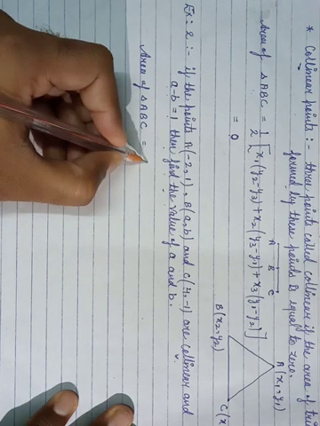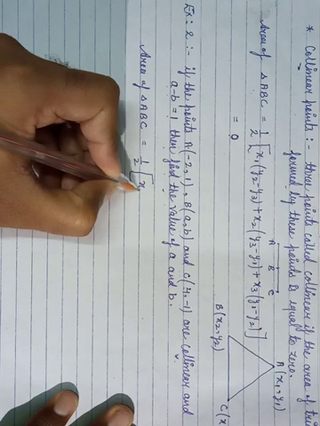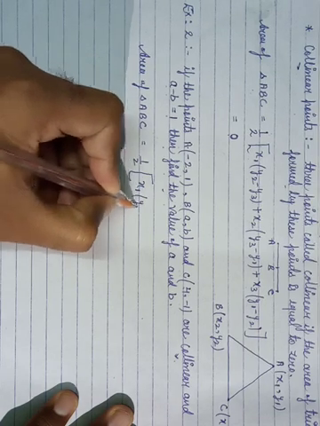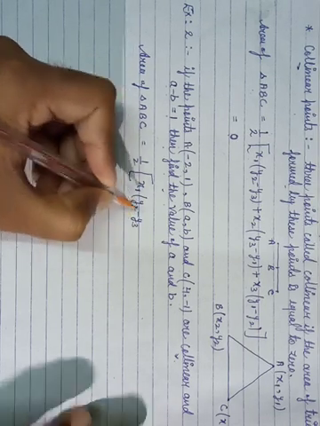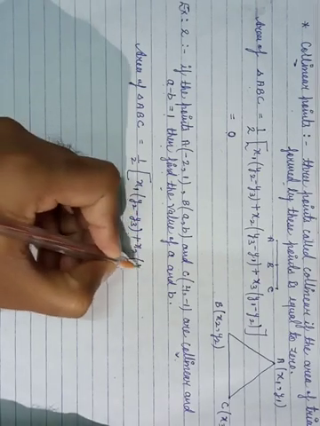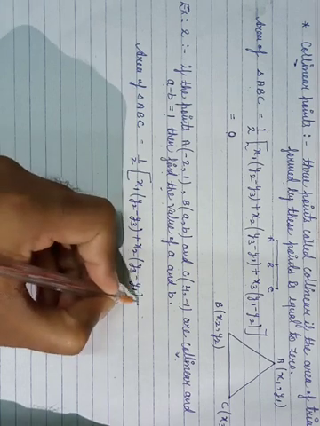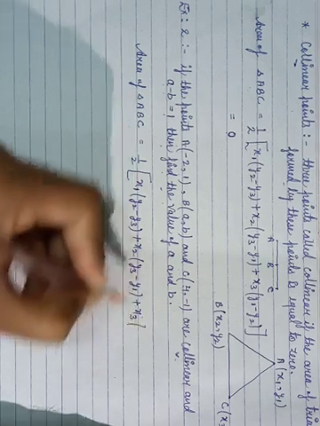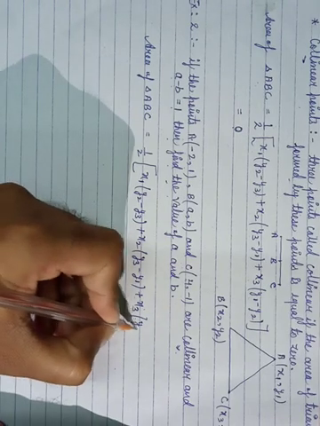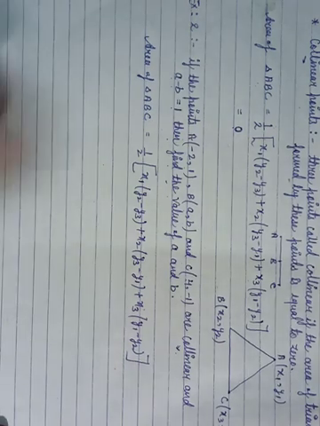First of all we will write the formula. Area of triangle = 1/2 [x1(y2 - y3) + x2(y3 - y1) + x3(y1 - y2)]. Is that clear?